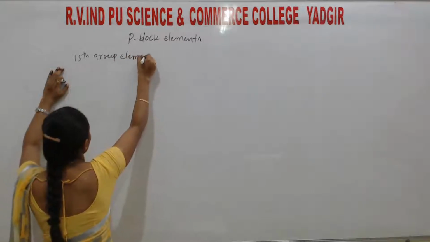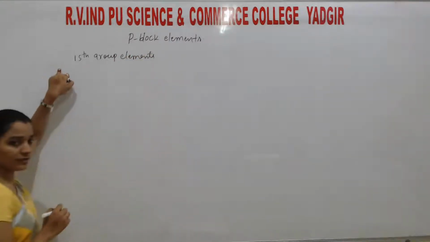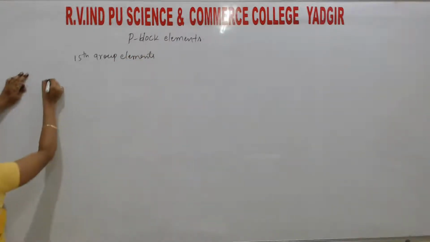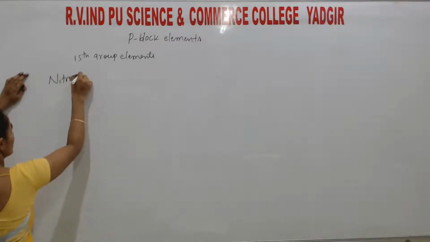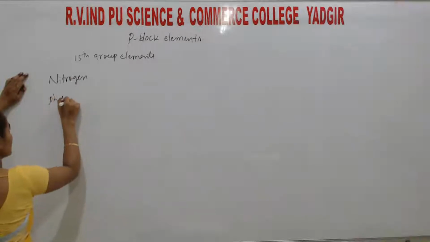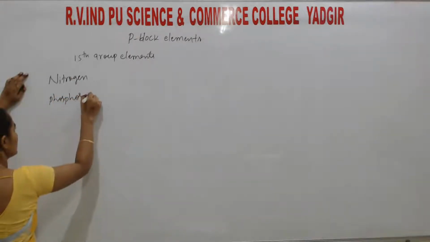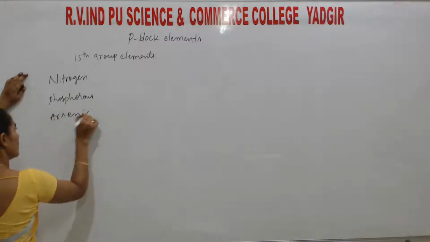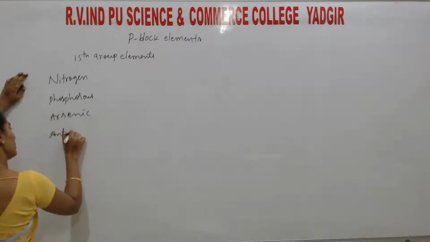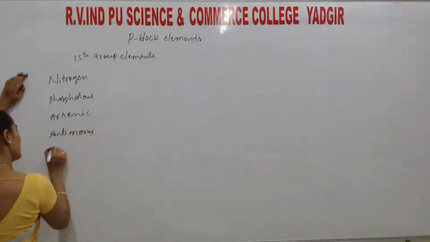The 15th group elements, that is the nitrogen family. The elements present here are nitrogen, phosphorus, arsenic, antimony, bismuth.